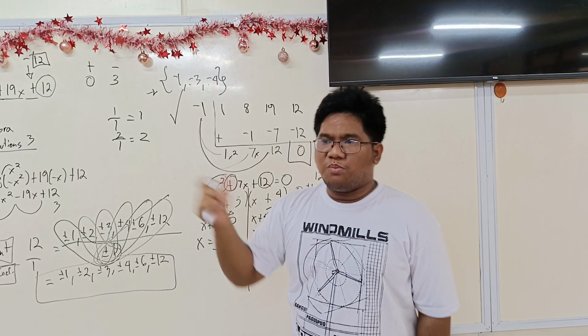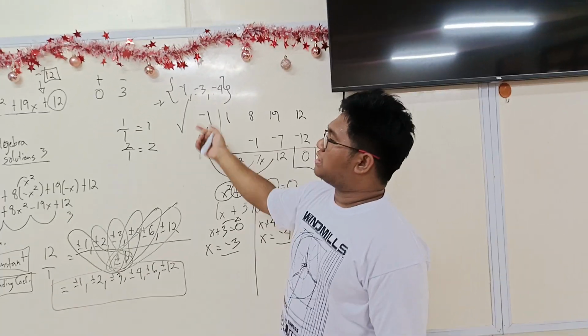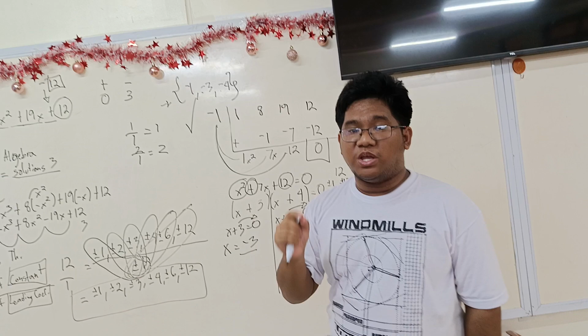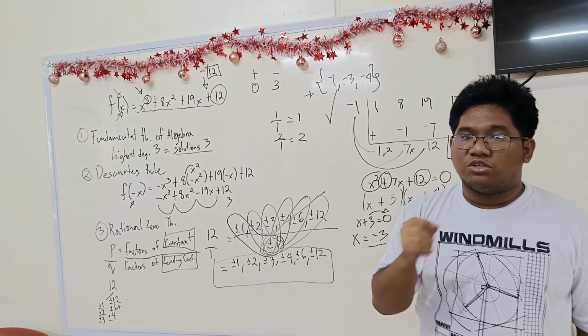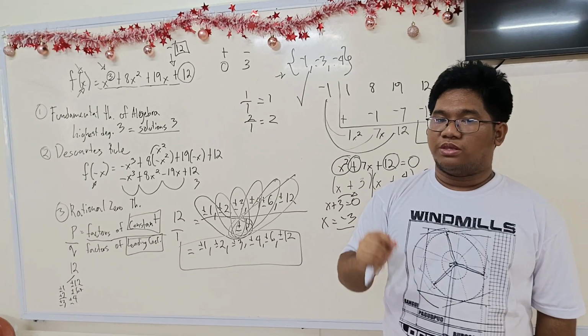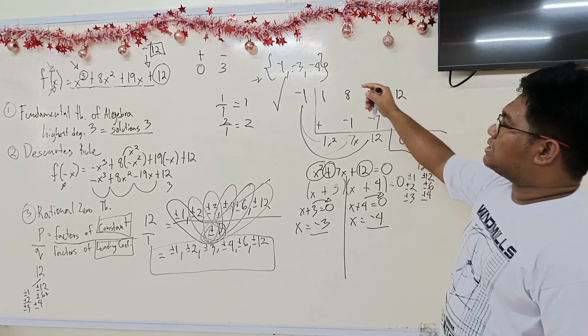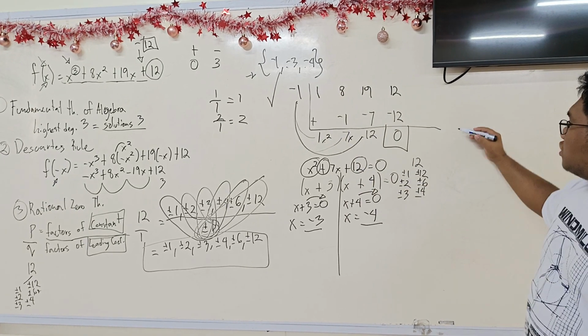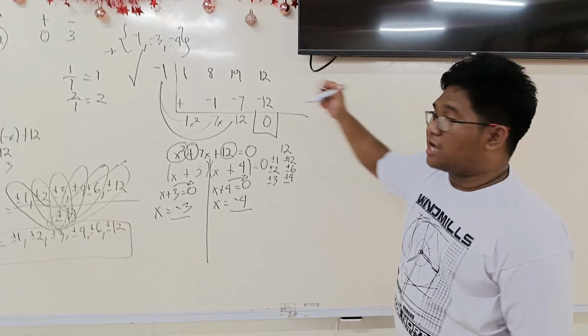Okay? Sir, ano pong ibig sabihin ng mga sagot na yan? Ibig sabihin, kapag sinubstitute natin any of the numbers that we got sa value of x here, our equation should equate to 0. Okay? So with that, mag-checking tayo. Let's try negative 1. So pag tinry natin si negative 1, we will have this. Checking tayo, okay?